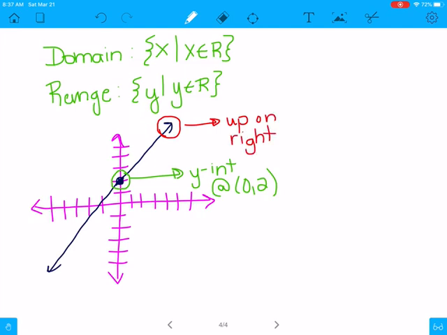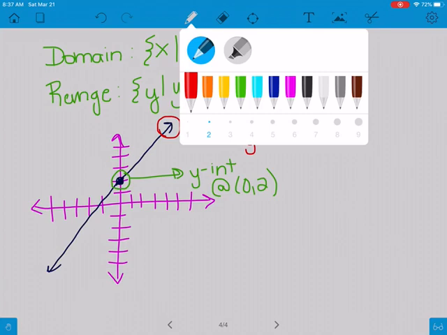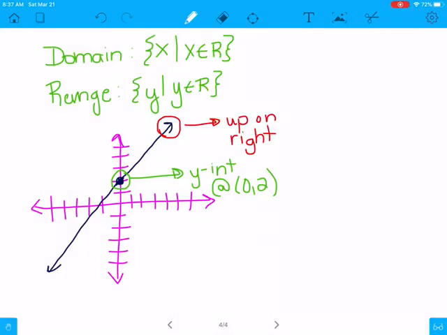From that, you can give me two pieces of information. You can tell me it's up on the right, because it depends on how it ends on the right. If it ends up on the right, that indirectly tells me I have a positive leading coefficient, that number that leads the largest variable.